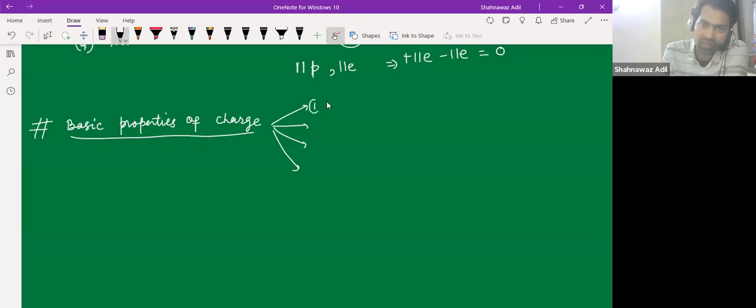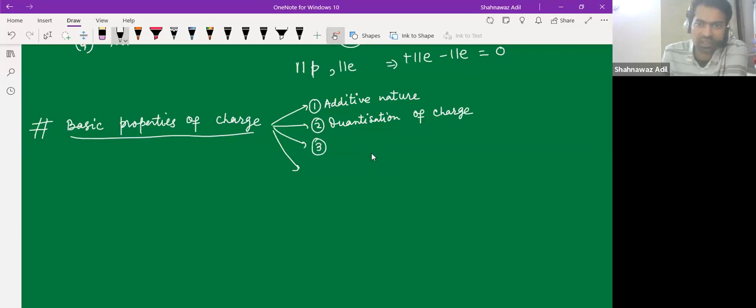The first one is the additive nature of charge. The second one is the quantization of charge, and the third one is conservation of charge.